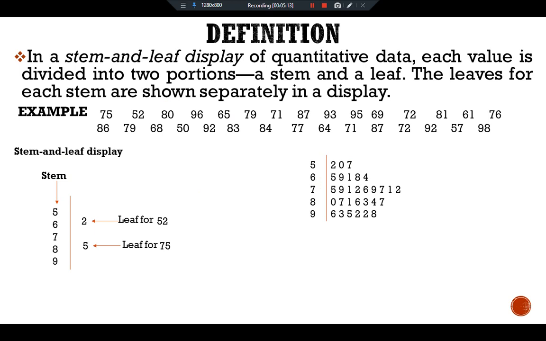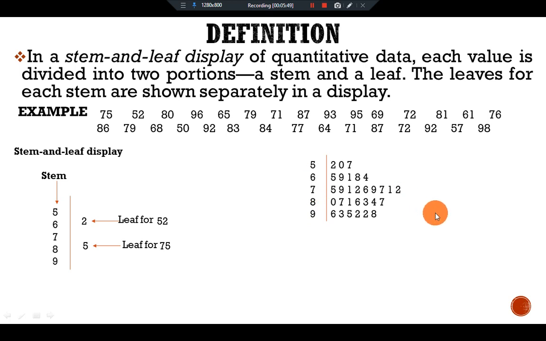By looking at the stem and leaf display, we can observe how the data values are distributed and what the range of the data is. For example, 7 has the highest frequency, followed by the stems 8, 9 and 6.